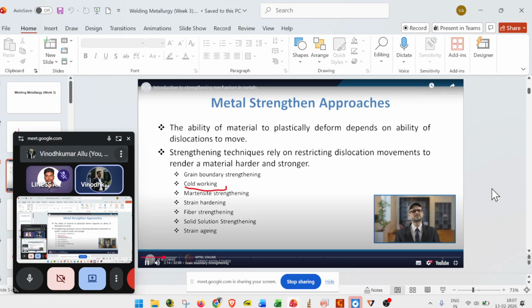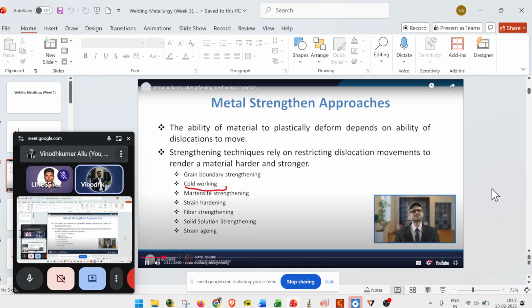Second is cold working. We can do cold working to increase the dislocation density and create more distortions in the microstructure, which ultimately results in increased strength.